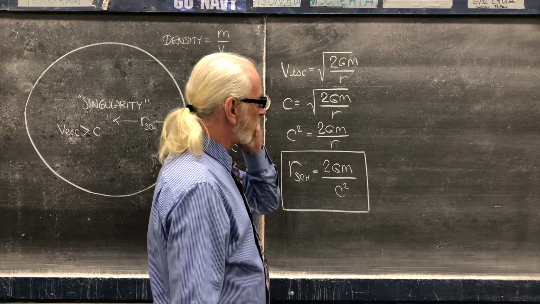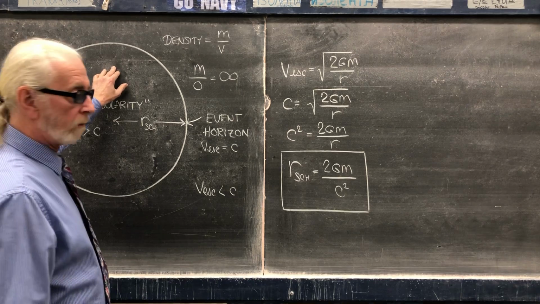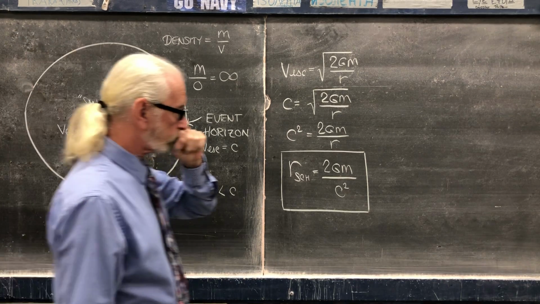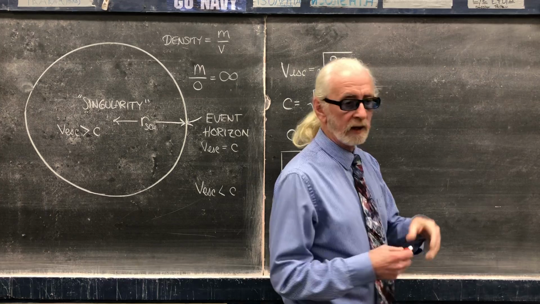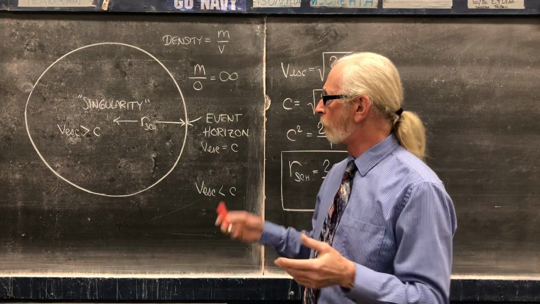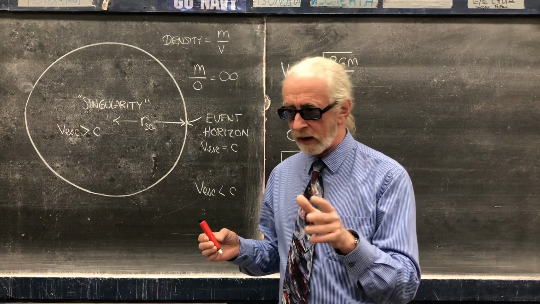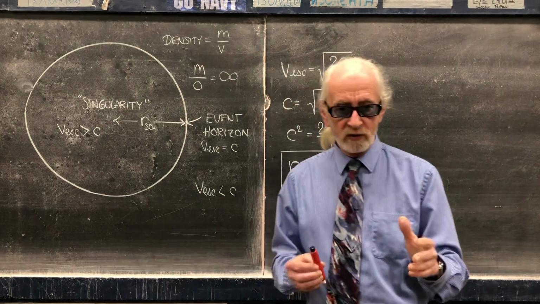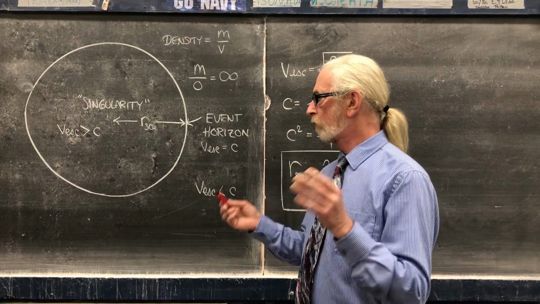One last thing. This is referred to as a Schwarzschild black hole. But there is another type of black hole, and I should also hasten to add that what we are talking about are stellar black holes. Black holes that were born of individual stars. We're not talking about supermassive black holes, but individual stellar black holes.